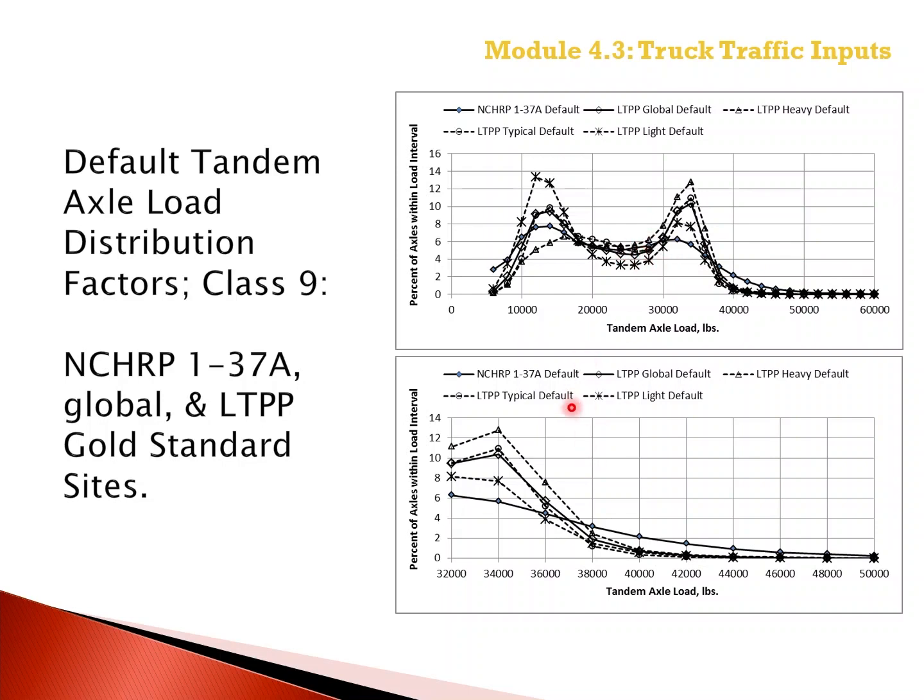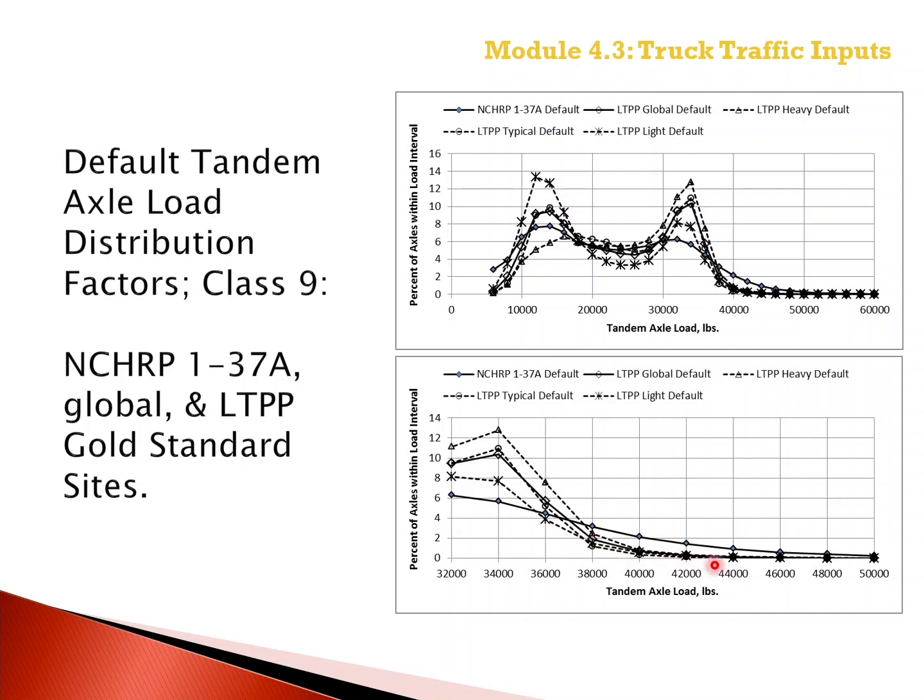So we show that going below, looking at the lower graph first, the NCHRP 137A graph is basically the blue diamonds showing the axle load distribution or the normalized axle load distribution. The LTPP global is the open circles.